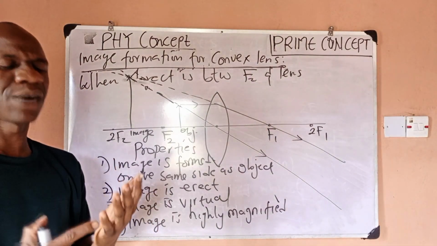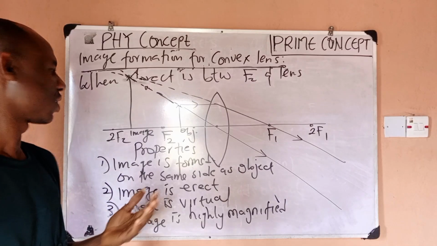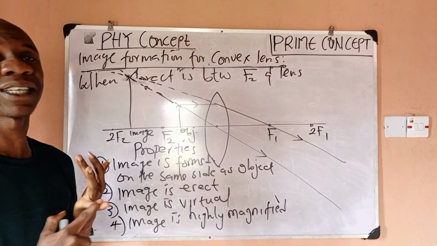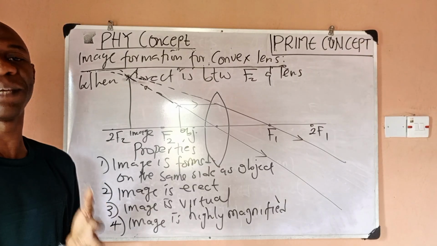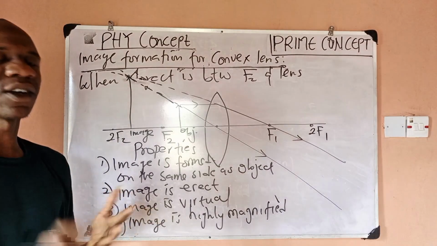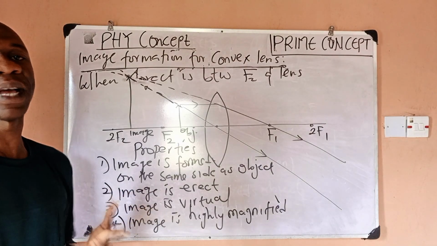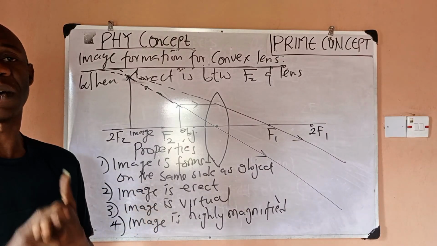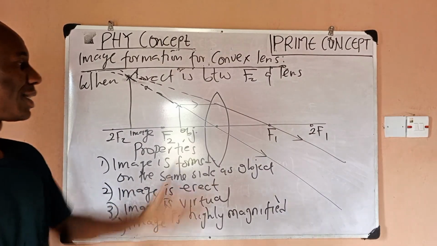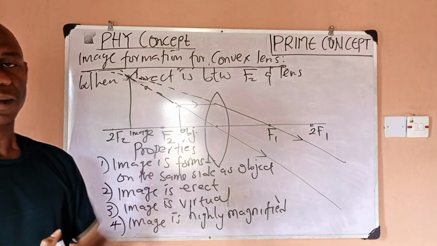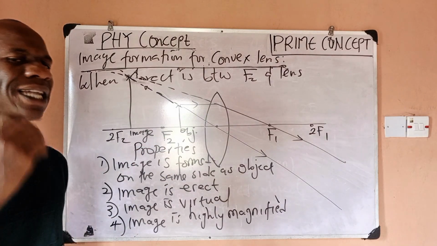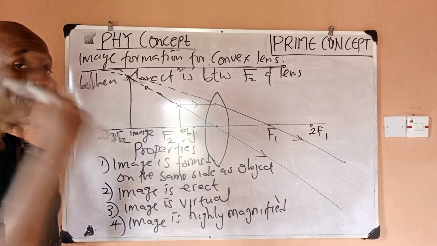So you would see that we considered various positions. We considered when our object was placed at infinity, behind 2f, between 2f and f, at f, and then this is the final case, when our object is between f and the lens. So you would see that in other cases, your image was real.